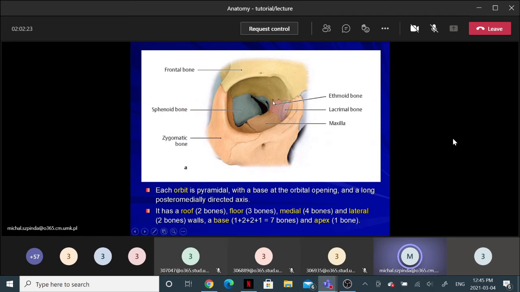Anyway, at least one, the anterior ethmoidal foramen, connects the orbit with the anterior cranial fossa. Due to the posterior ethmoidal foramen, it communicates with the posterior ethmoidal cells and sphenoidal sinus.